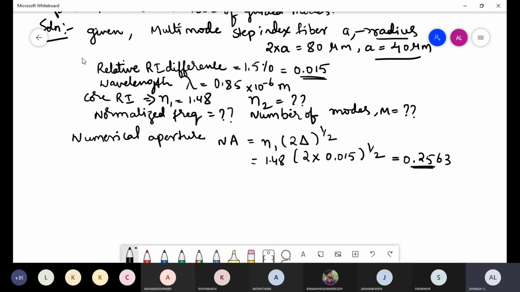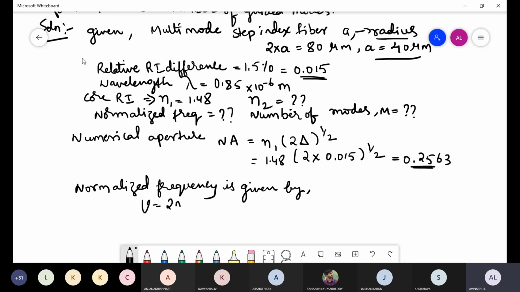Now the first thing is found. Next thing is the normalized frequency, which is given by V equals 2 pi into a divided by lambda into numerical aperture NA.